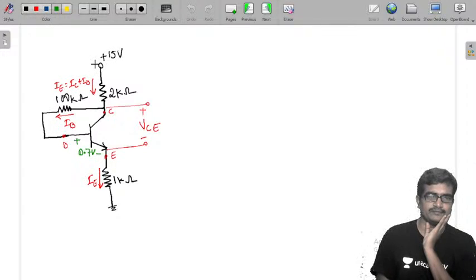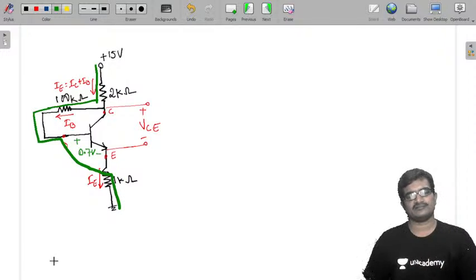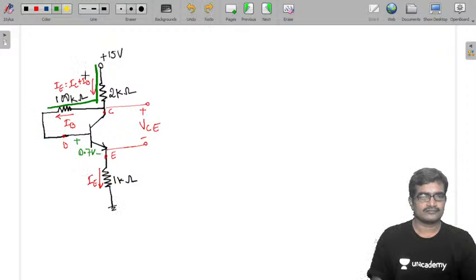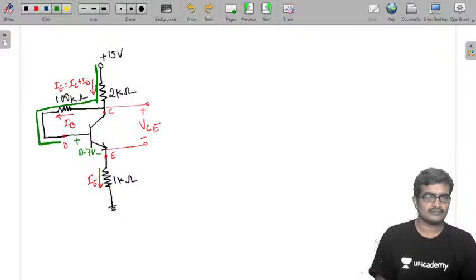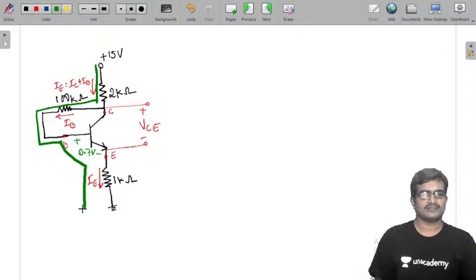So this is the input loop, starting from the power supply and reaching the ground.